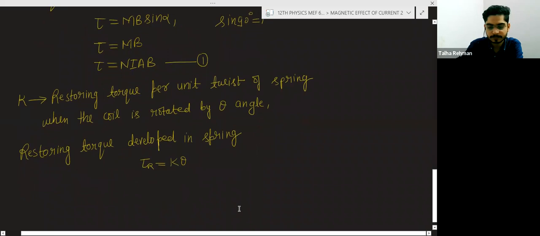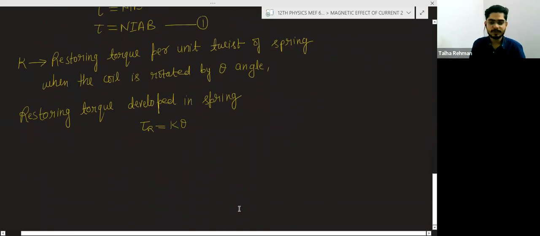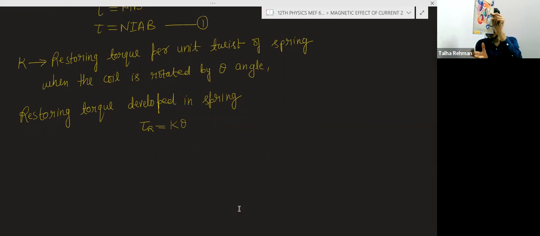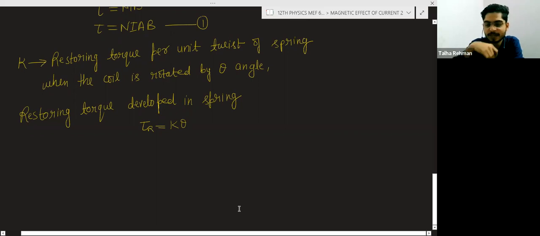Simple. So what will happen? The coil is rotating like this, like this, like this. Here is the spring. Spring is trying to oppose the motion, the rotation of the coil. There will be a time when the restoring torque is equal to the torque generated by the magnetic field at equilibrium.